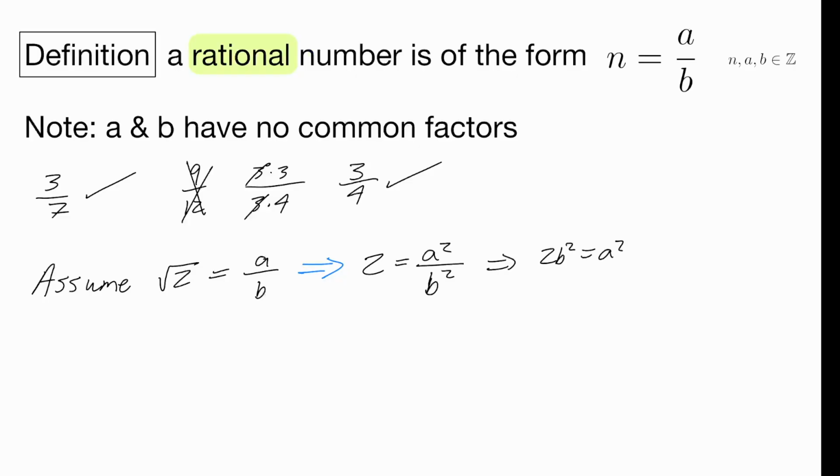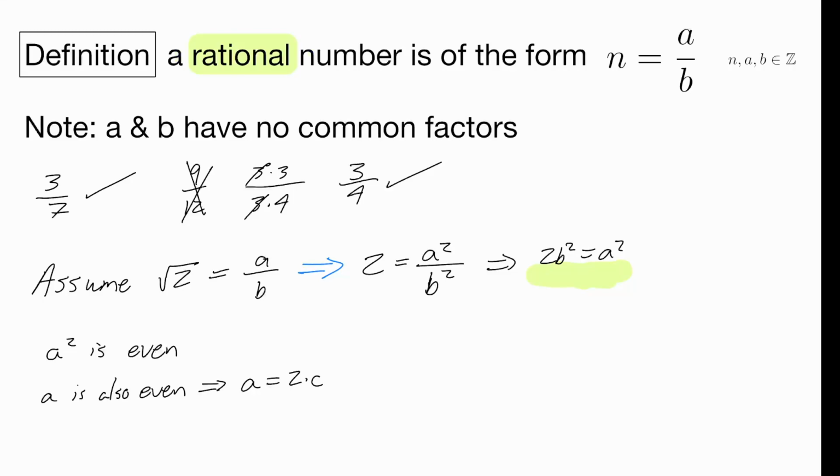Well, what this tells us right here is that a squared is actually an even number. So a squared is even because it can be expressed as 2 times something, in this case, 2 times b squared. Well, if a squared is even, then that means that a is also even. And we can express a as, let's say, a equals 2 times c, some number 2 times c, right?